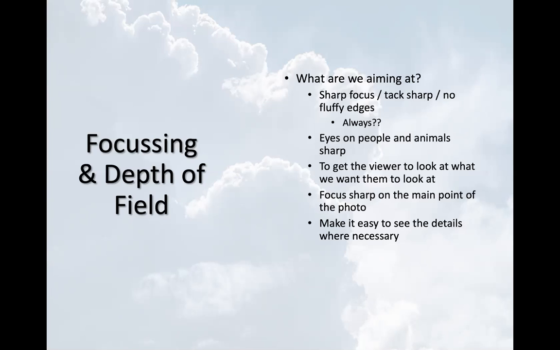The point about sharpness is that it gets the viewer to look at what we want them to look at. I don't want the background or whatever it is around them to distract the viewer. I want you, the viewer, to look at what I want you to look at. Which means that the focus should be sharp on the main point of the photograph so that you can see details where necessary.